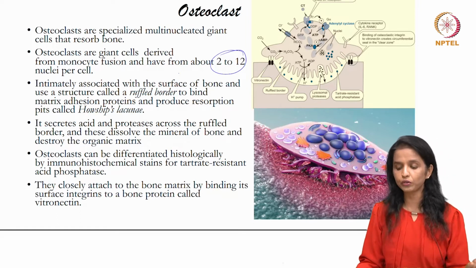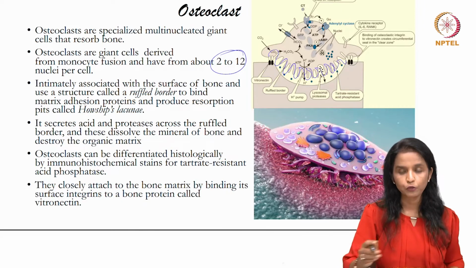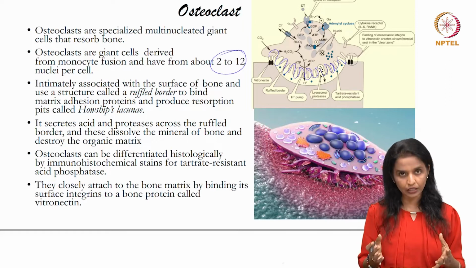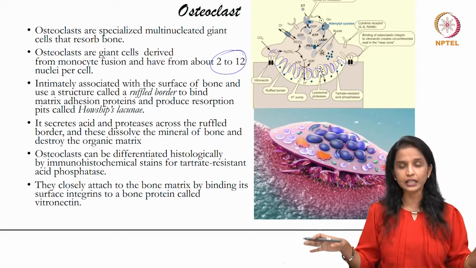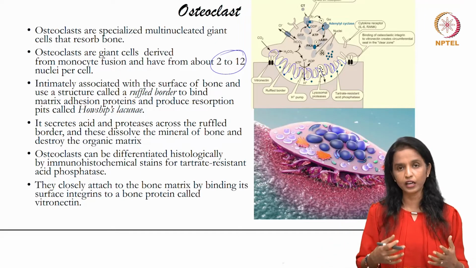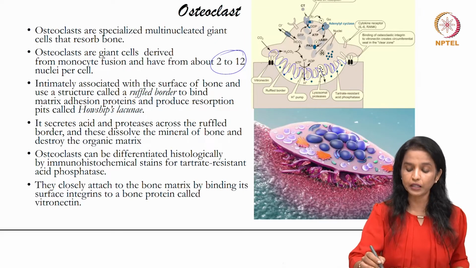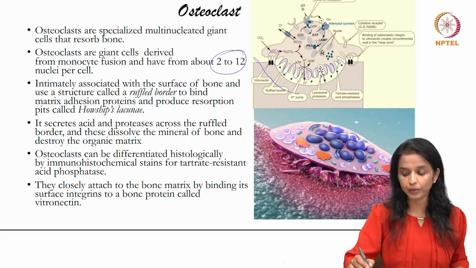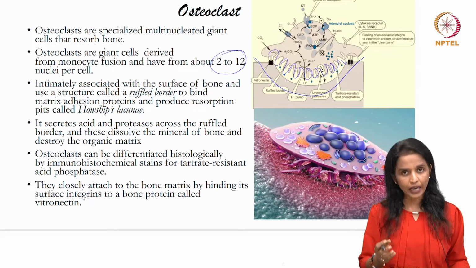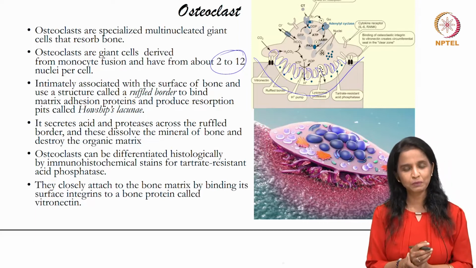The osteoclast has a periphery which is ruffled in appearance, thrown into folds, and that increases the surface area of the osteoclast to get attached to the bone, and at the same time conduct a lot of activity because of that ruffled border. This particular osteoclast is present on the bone surface in an area called Howship's lacunae.